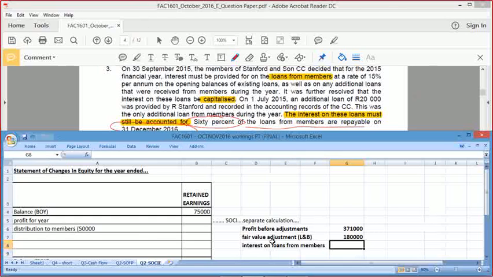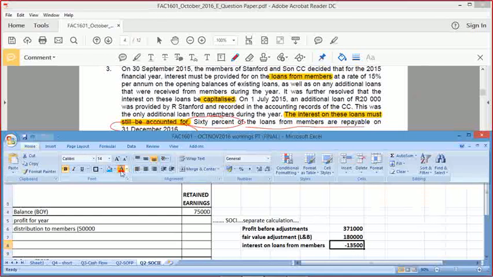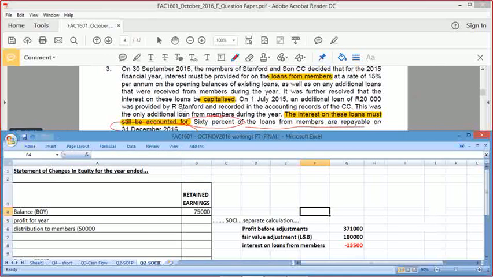So interest on loans from members: plus or minus? Minus. Why? Because I borrowed the money from members. Correct, so you're going to have to pay them. Make sense? Yes. Good.